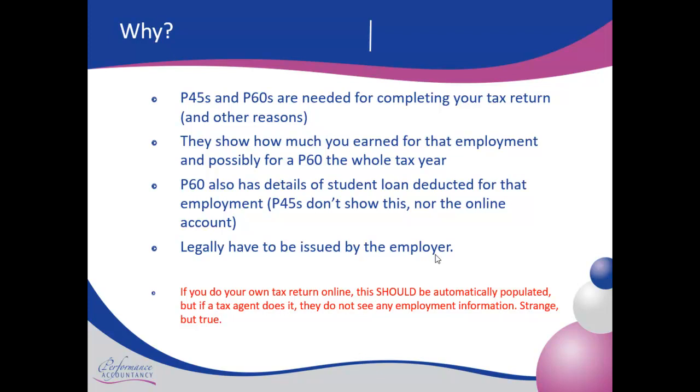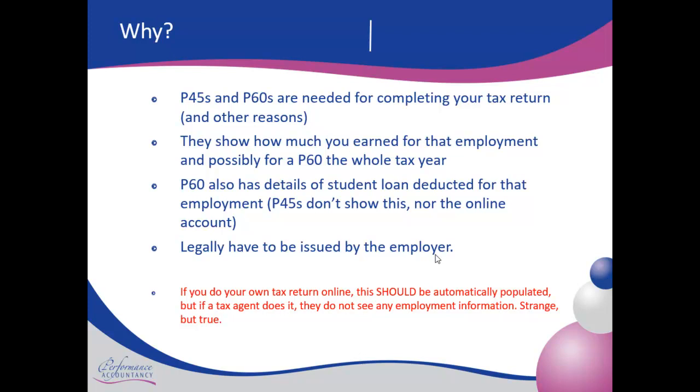It depends on whether the employer has included prior employer income into their system. So sometimes you might have a P60 that says previous employment, this employment equals a total. For your tax return, you must have the details per employment.